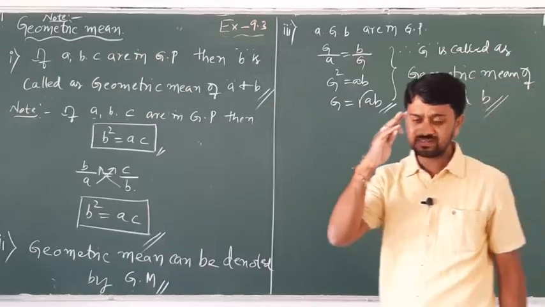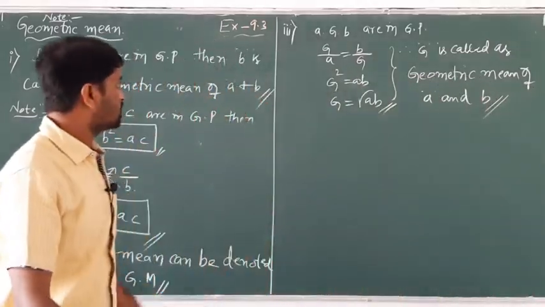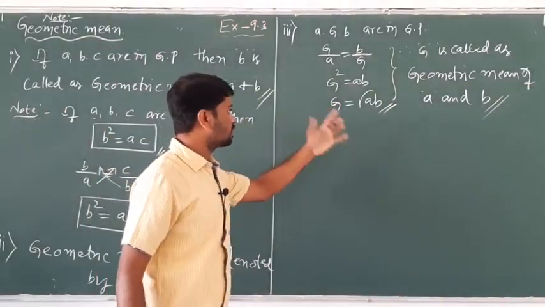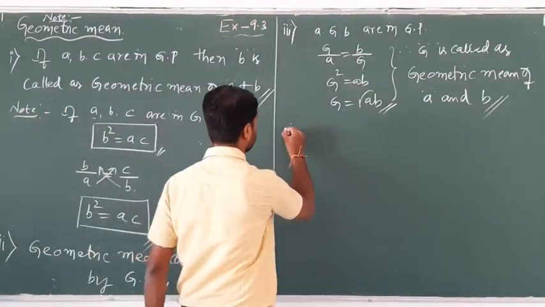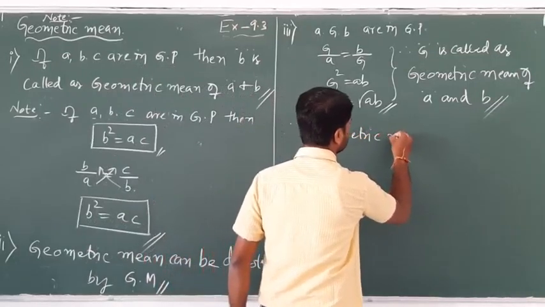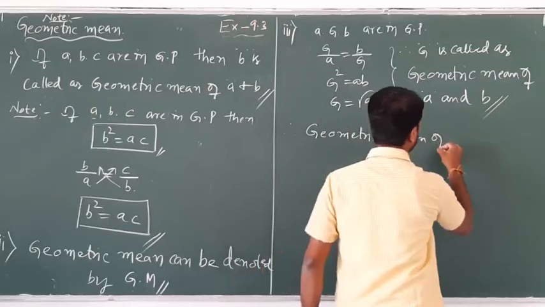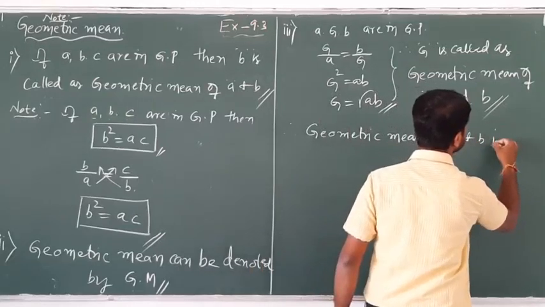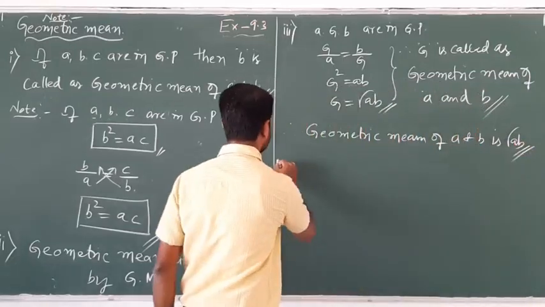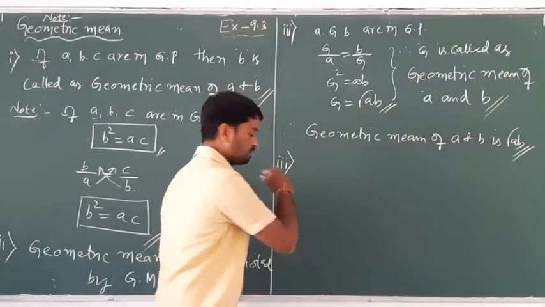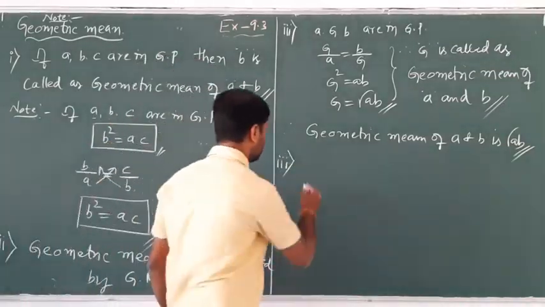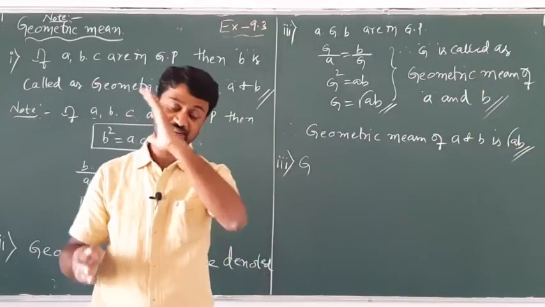This is one of the very important concepts. Similarly, the geometric mean of A and B is root over AB. Next, the third point: the geometric mean of three numbers A, B and C is, tell me all of you, cube root over ABC.